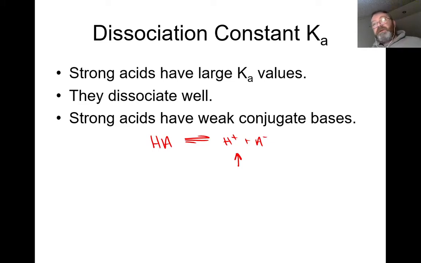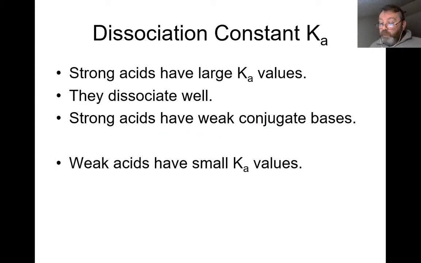It prefers to be dissociated. So that means if the forward reaction is good and strong, the backward reaction is going to be very, very slow or weak. And going backwards, we talk about conjugate base of an acid. So if you're going forward, there's the acid and there's the conjugate base, which means that the conjugate base is going to be very weak because it doesn't want to go backwards. Okay?